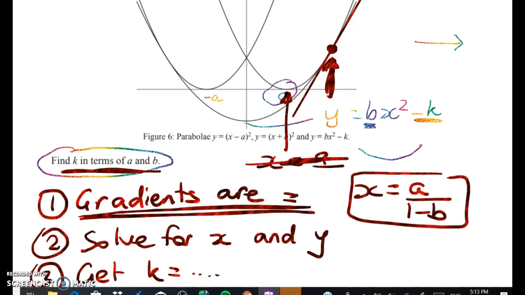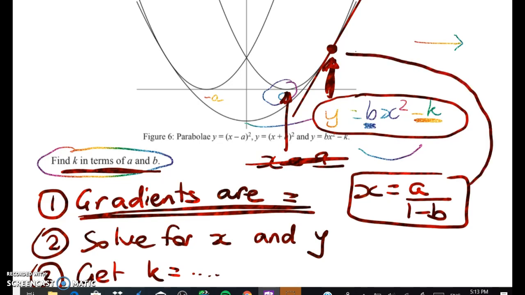The only place that k comes in this question is in my equation for the third parabola. So what I now need to do is to take that x value and figure out the coordinates of the point where the two tangent lines meet. I'm going to do that by using the equation for this one and for this one. And now we're going to equate the y values.